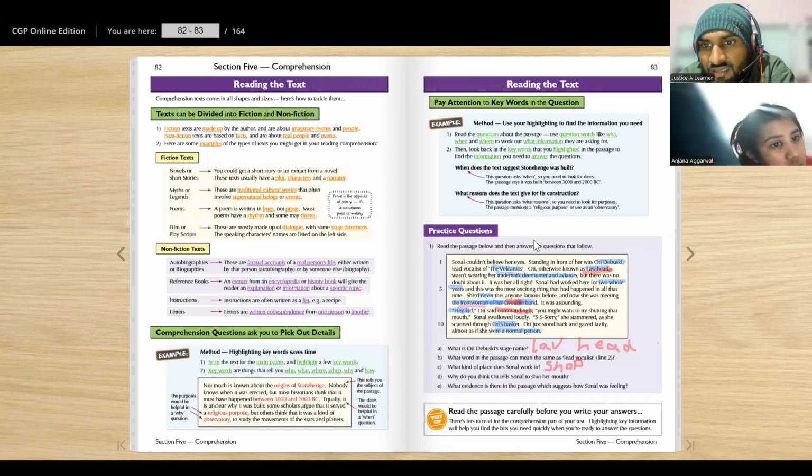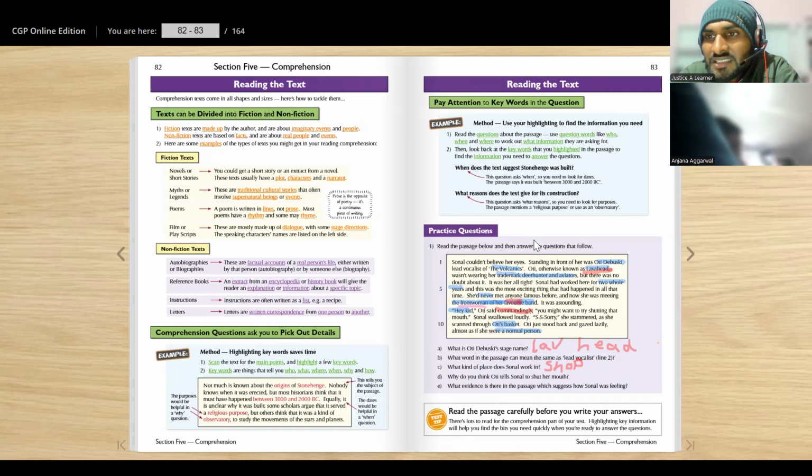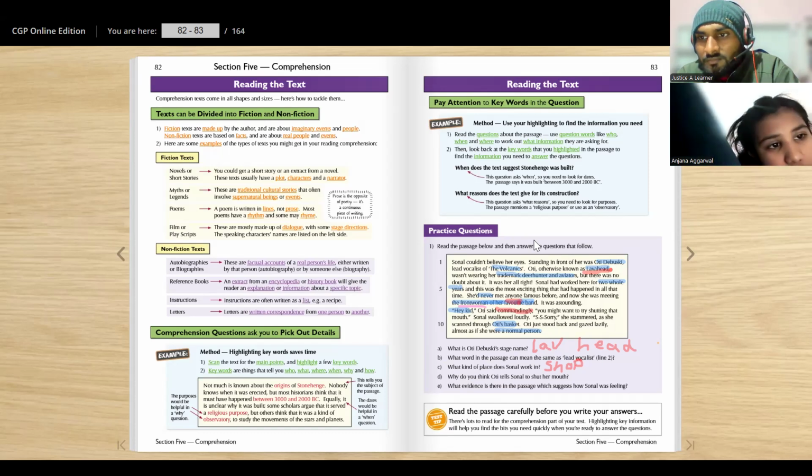Sorry, she stammered as she scanned through OT's basket. OT just stood back. So this is something we found here. How was she feeling? We can find here as well. So the evidence suggests that Sonal was not feeling well because she was saying sorry and she stammered also. Nervous, yeah, nervous we can say, that's right. Anxious. Yes, anxious, nervous, that's the right word. So this is the most exciting thing that happened, right?